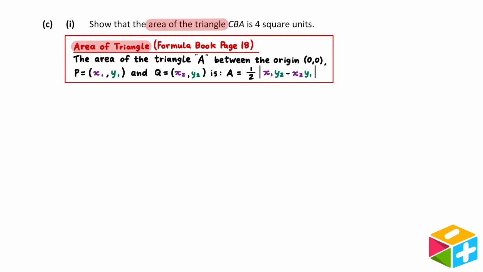It says that the area of the triangle A between the origin (0, 0), P equal to (x1, y1), and Q equal to (x2, y2) is A is equal to a half times the absolute value of x1 y2 minus x2 y1.